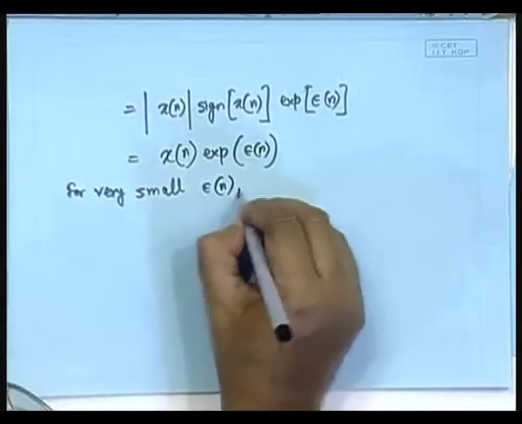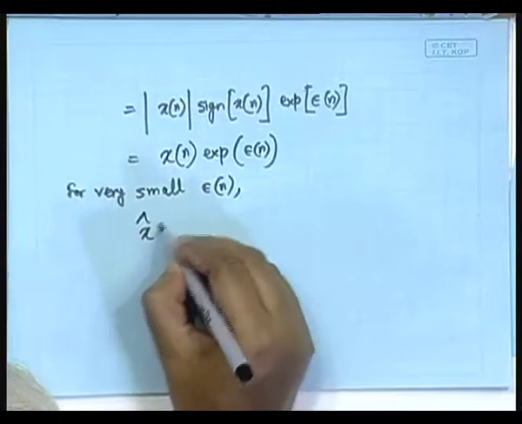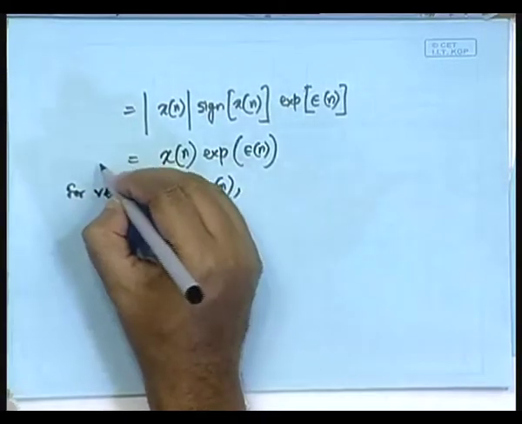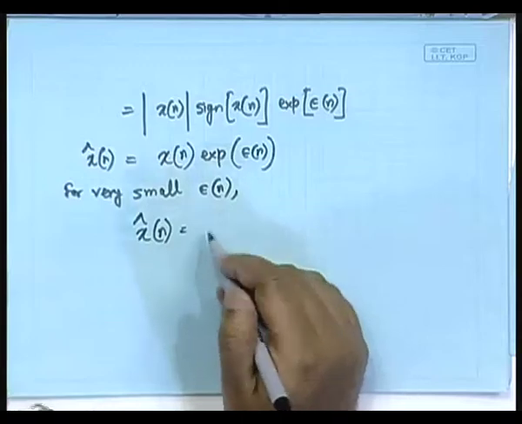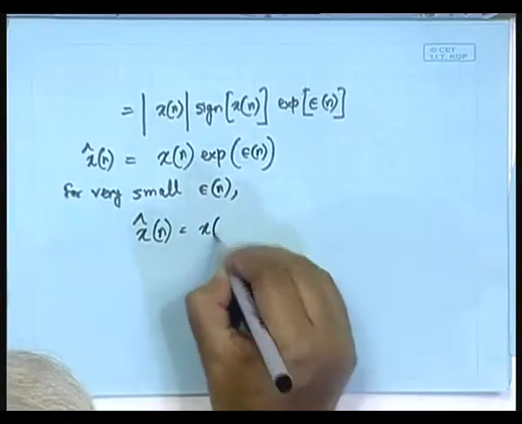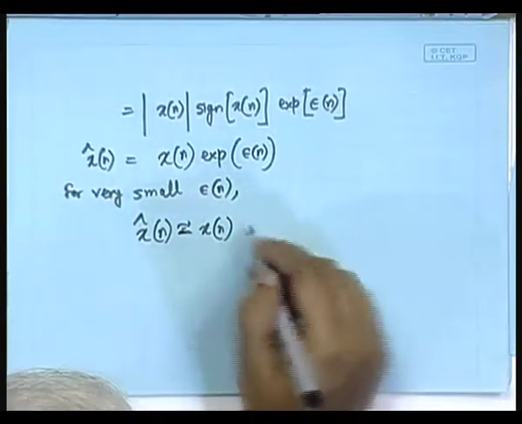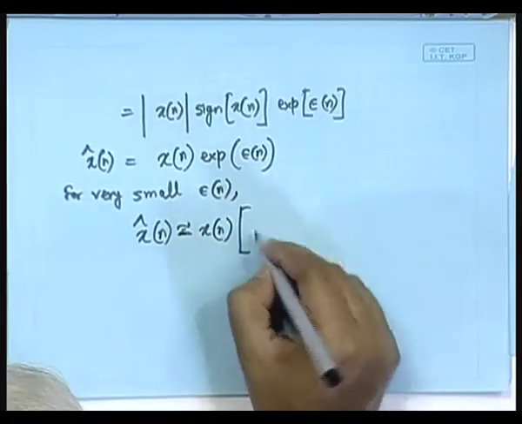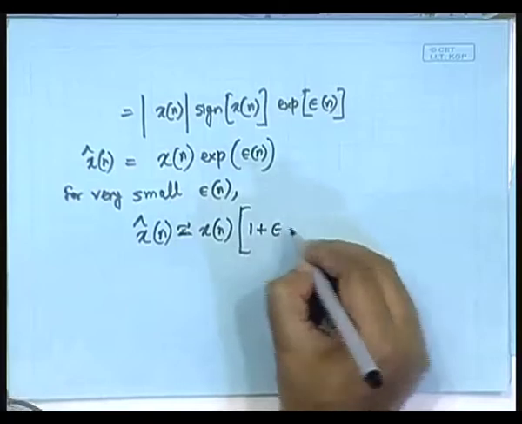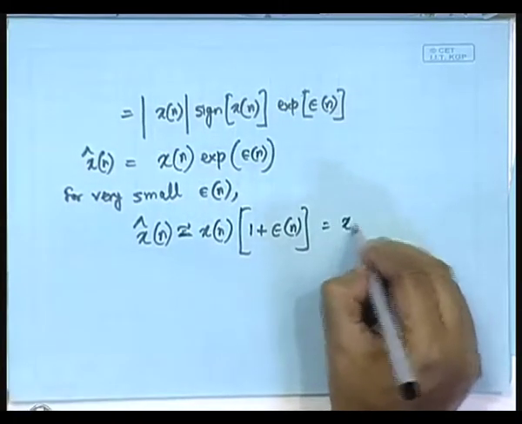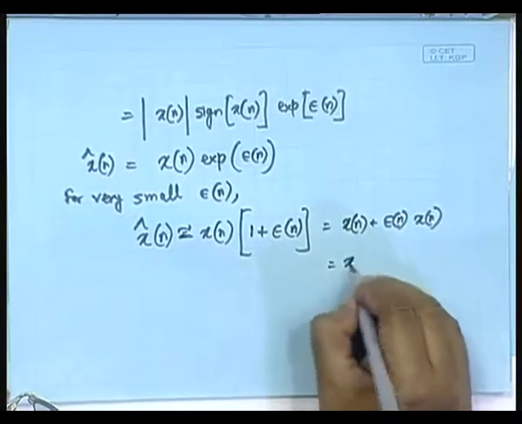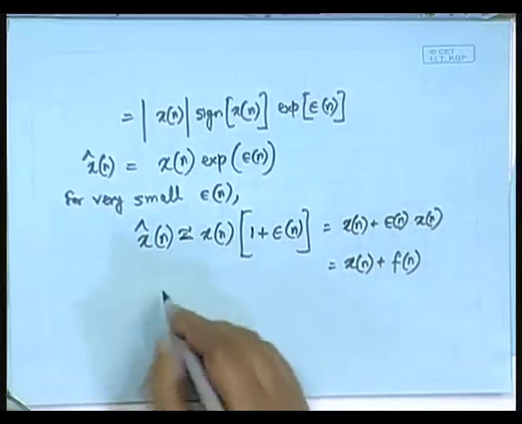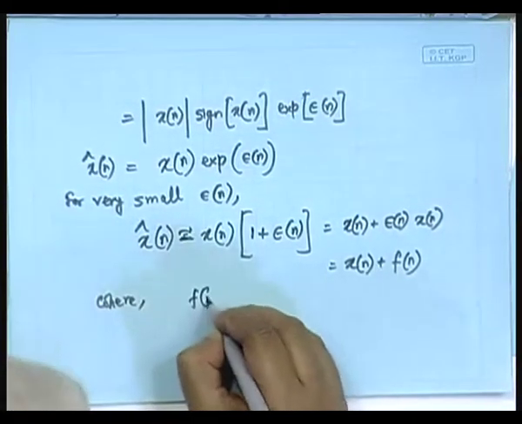So, for very small epsilon n, I can write x cap of n, approximately equal to x n into 1 plus epsilon n, and this is equal to x n plus epsilon n x n, which is equal to x n plus f n, where f n is equal to x n epsilon n.